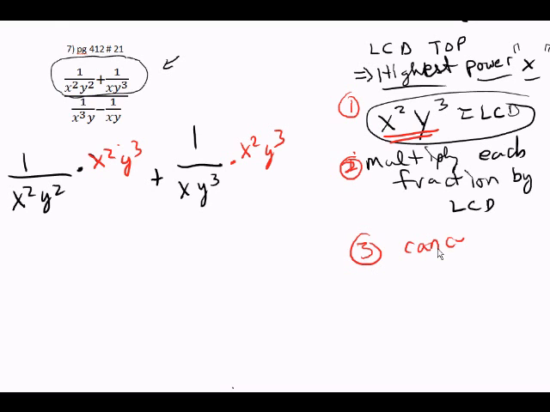I guess I could put this is step 1, this is step 2, this is step 3: cancel. You see how the x squareds cancel? Now the y squareds cancel, but what happens when I cancel the y squared with the y cubed? Do you see how there's still one y left over?